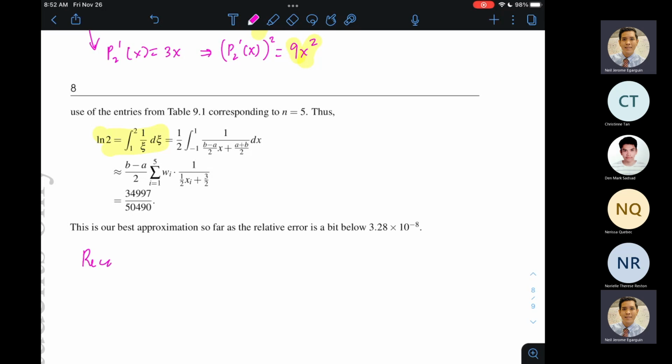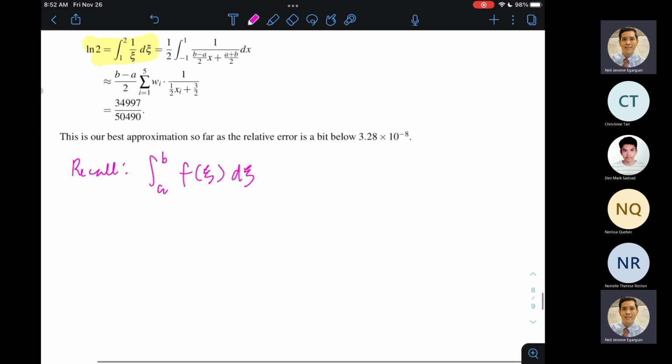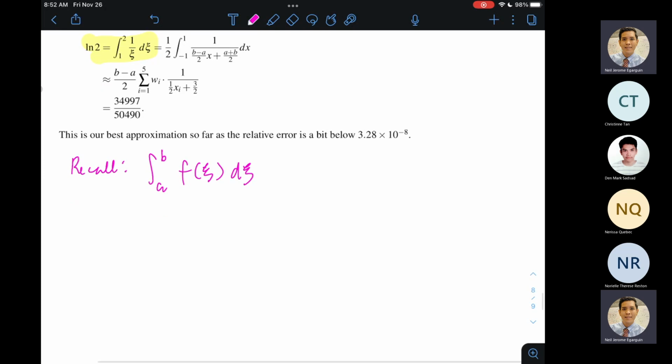So if you recall, dun sa change of variable natin last time, an integral from a to b of f of x dx can be rewritten, or gamitin ko na yung c na variable, okay, dc, can be written as an integral from -1 to 1, but this time scaled by the length of the interval over 2. So magkakaroon kanya dyan ng b minus a over 2.